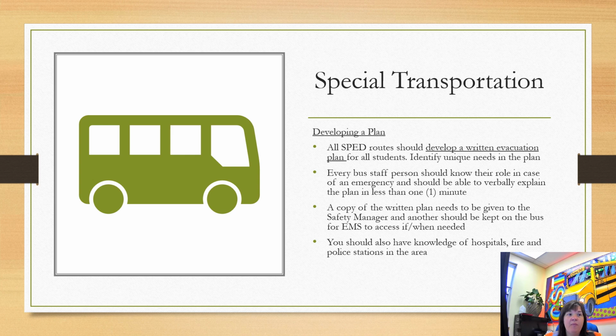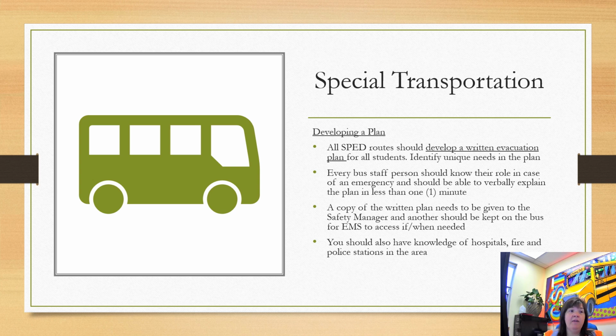Every staff person on your bus, so that's the monitors, the driver, and if you have any other attendants on your bus, they all need to know what their role is in case of an emergency, and should be able to verbally explain the plan in less than 1 minute.